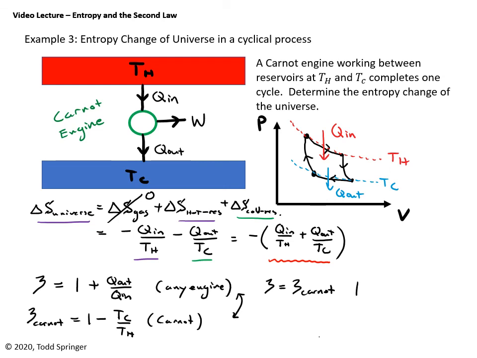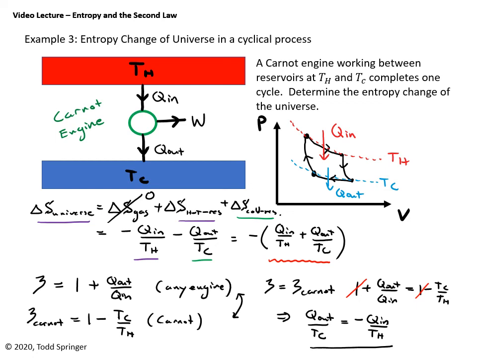And I get 1 plus Qout over Qin is equal to 1 minus TC over TH. The ones cancel. And you can rewrite this as Qout over TC is equal to minus Qin over TH, which we've seen before, but I'm just rederiving it for you here.